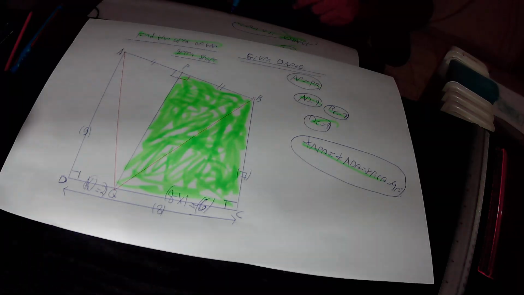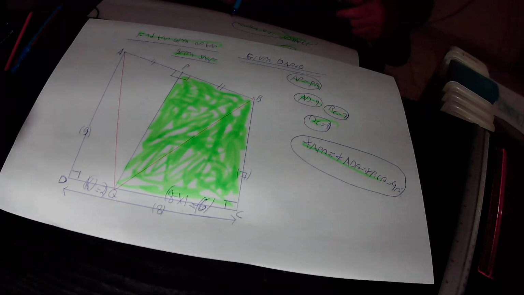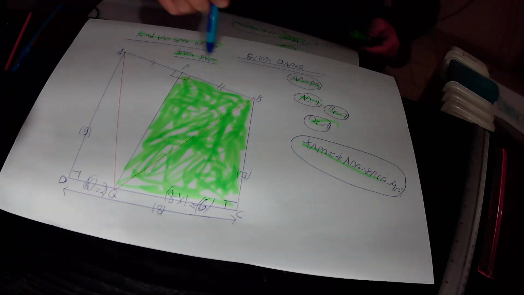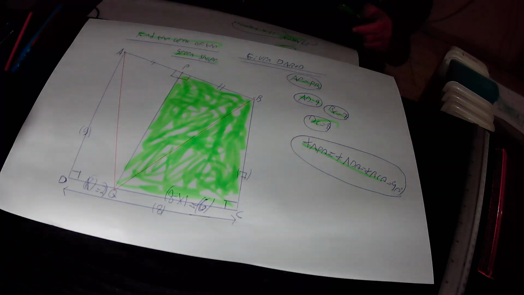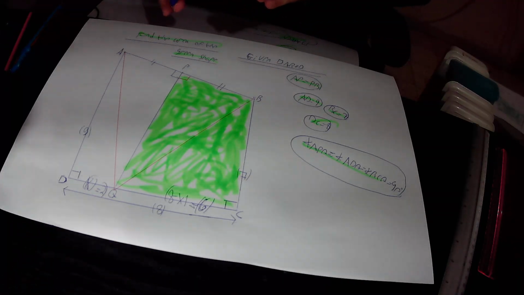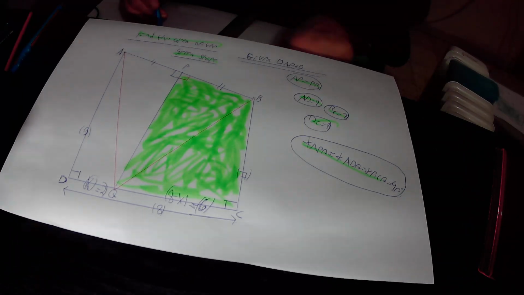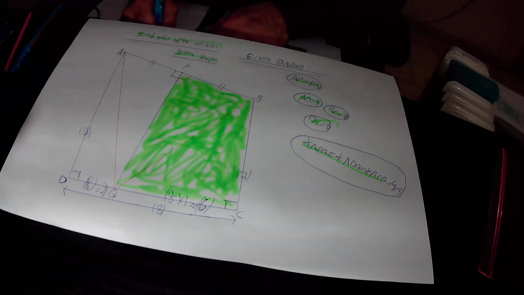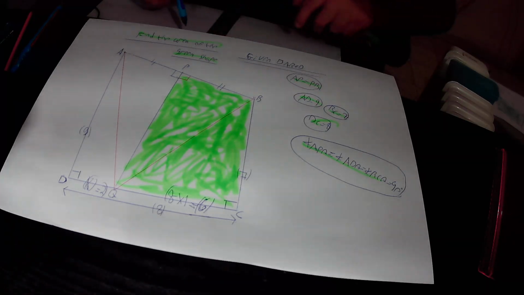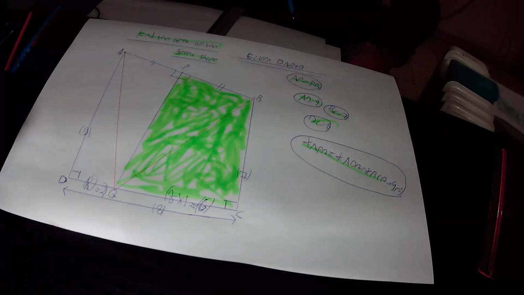So in the next step, we will calculate the area of this trapezoid ABCD in two different methods. Then we create an equation that says that the area of trapezoid ABCD according to the first method of calculation must be equal to the area of the same trapezoid ABCD according to the second method of calculation. So first of all, what is the area of a trapezoid?